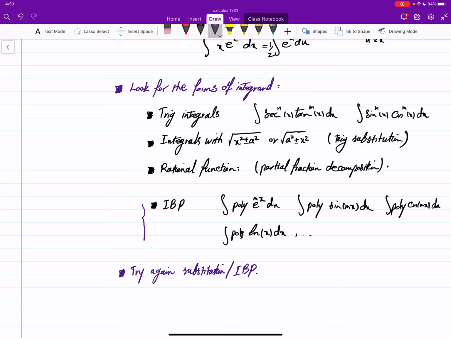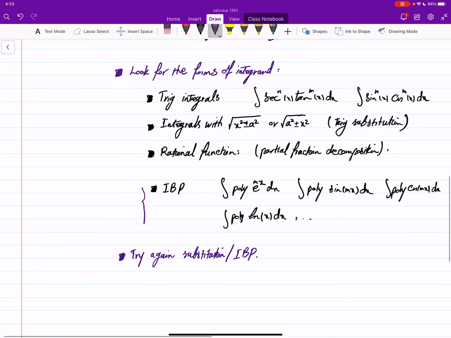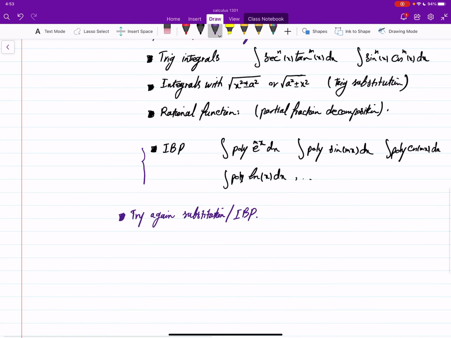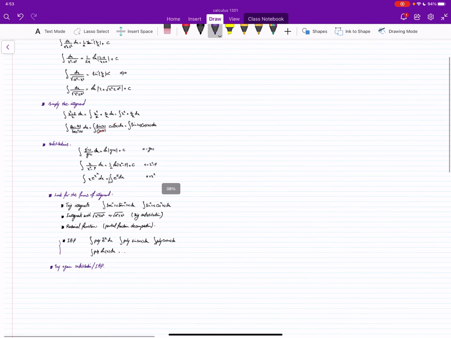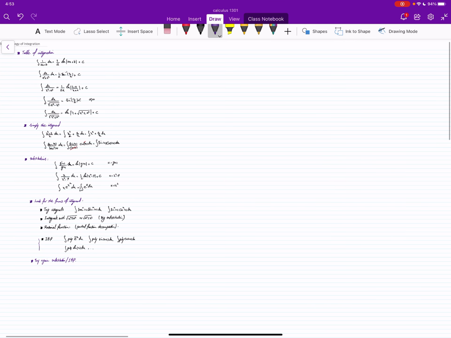So you can try a little bit more complicated cases, and you can try to see if by manipulating the function algebraically, you can get one of the forms that you already know or not. So in several next videos, we will do some examples that need the strategy that we lay down right now, and you will see that combinations of all these may come in.